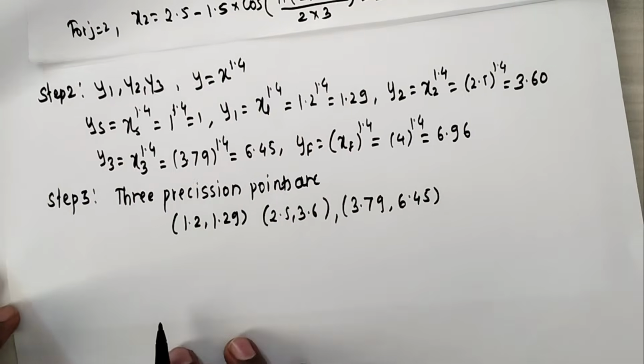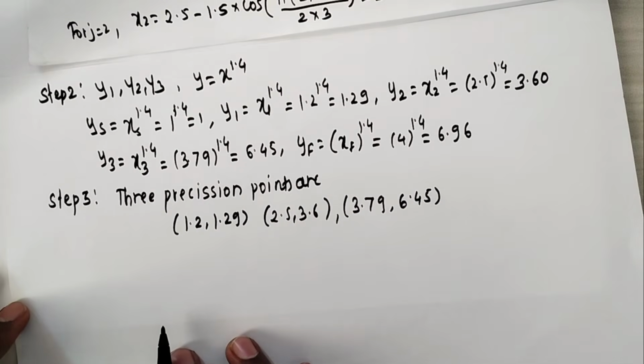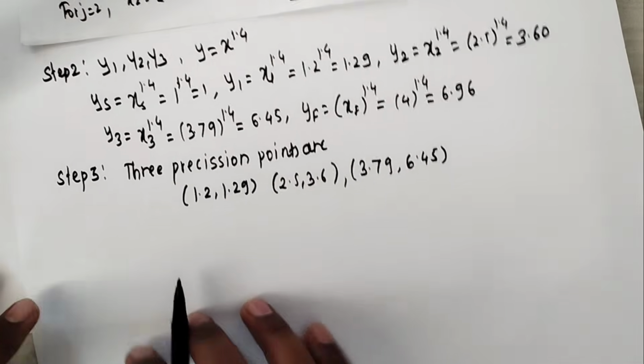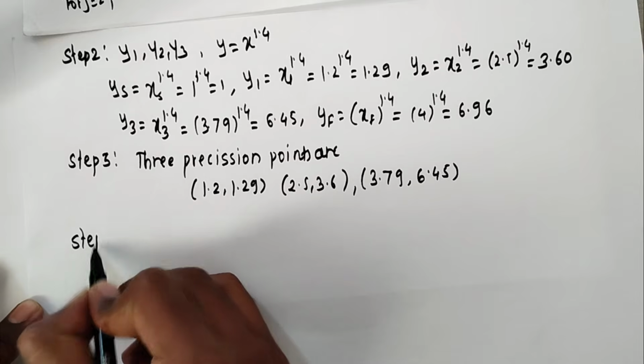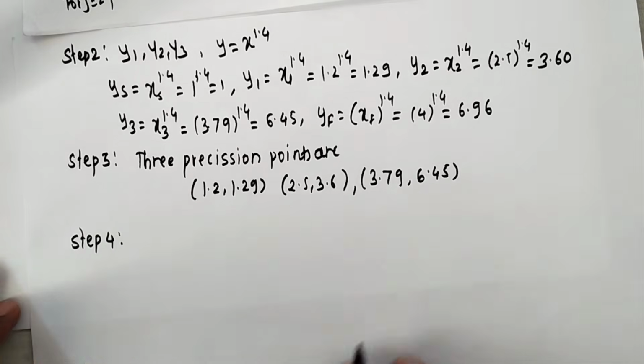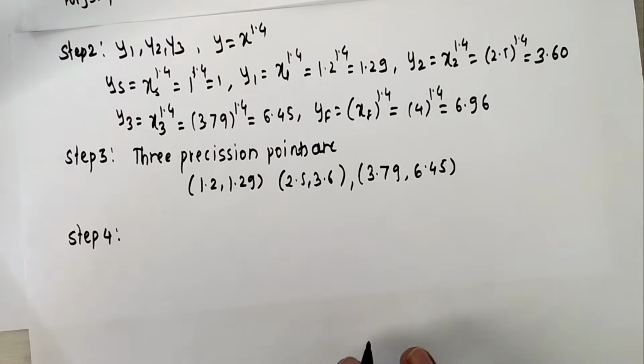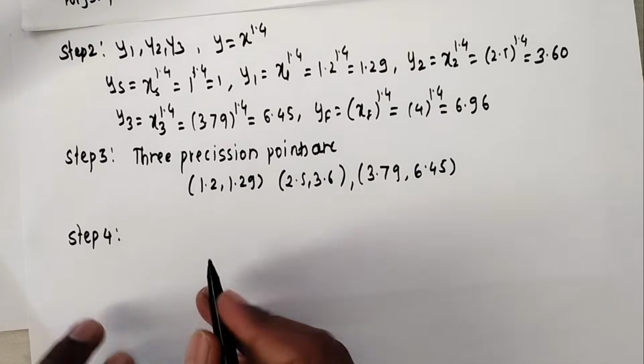Now we need to find out angles in the fourth step. So in step 4, we need to find out angles, and for finding angles we have to use angle relationships, that is basic equations.